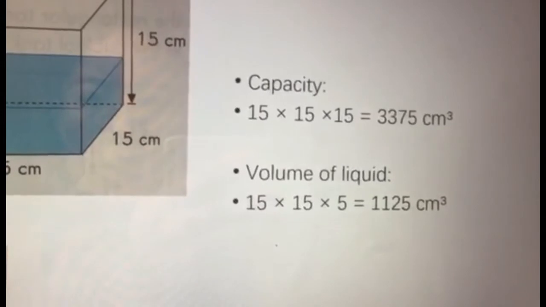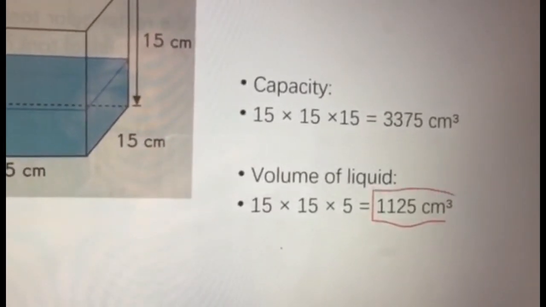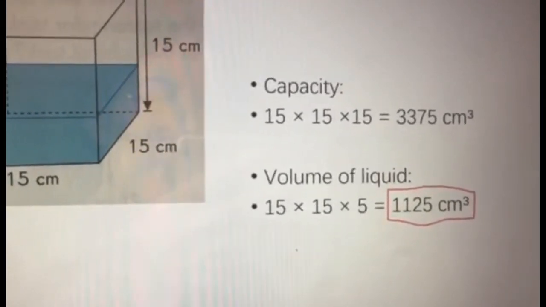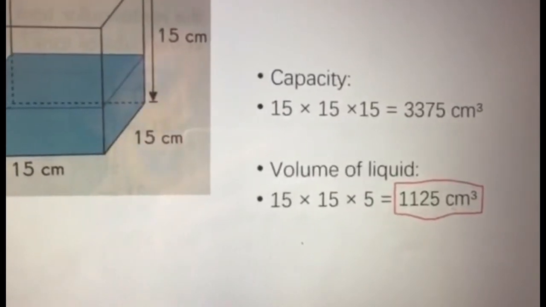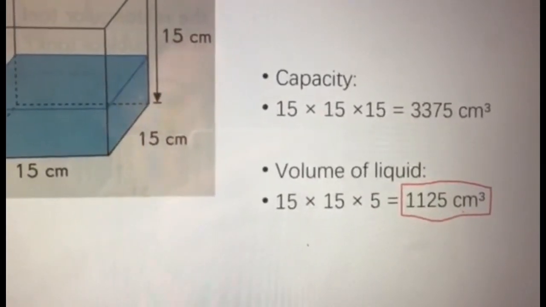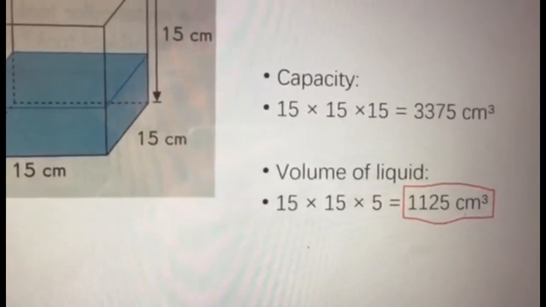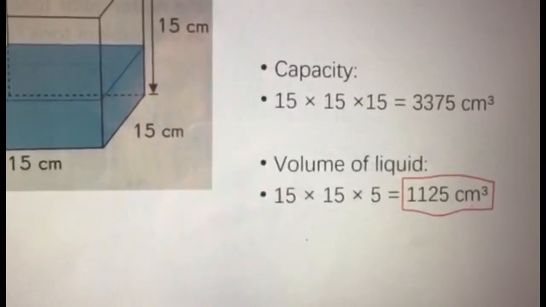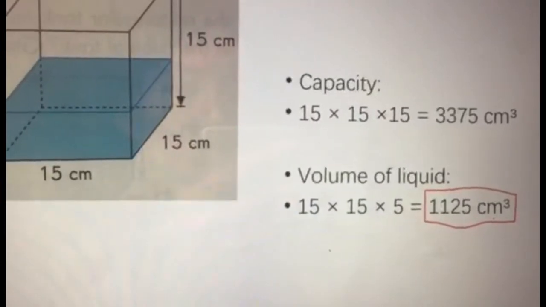However, when we talk about liquid, cubic centimeter is not a perfect unit of measure for liquid, because centimeter is a measure for length, not for volume of water. So we want to convert cubic centimeters to milliliters or liters.